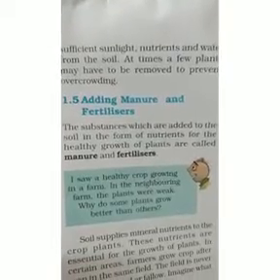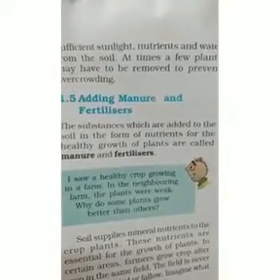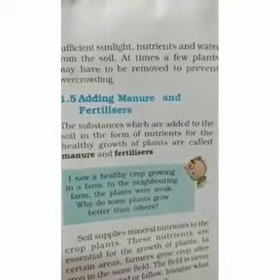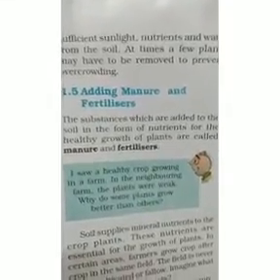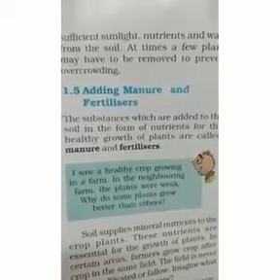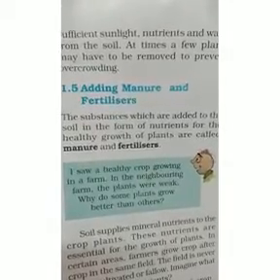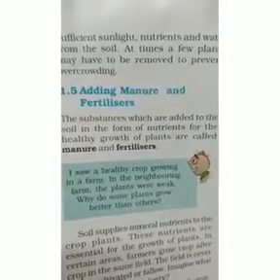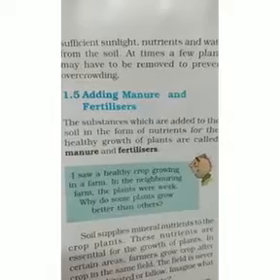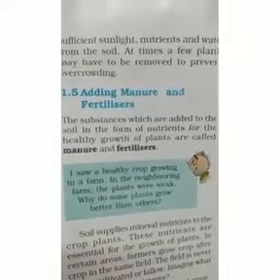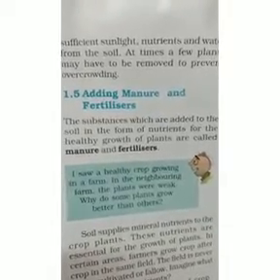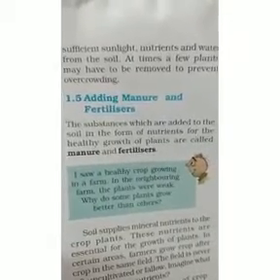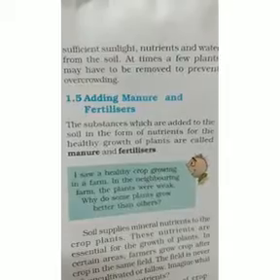Now, only getting sunlight, nutrient and water from the soil is not enough for plants. Sometimes additional nutrients are also required for better quality and quantity of crops, and that is called adding manure and fertilizer. Sometimes we have to add manure or fertilizer to the soil to increase the quality and quantity of the crop.